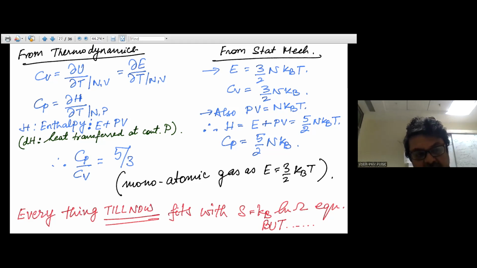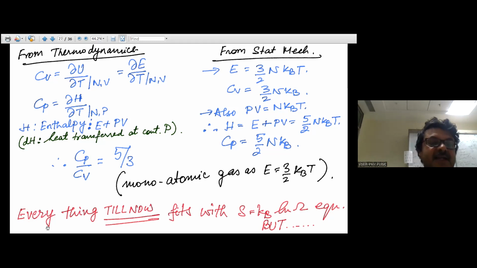And from there, we are rearranging terms. We are associating kB log omega with S as a function of these three quantities and getting out thermodynamic relationships. And we see that if we associate S with kB log omega, things are pretty consistent, at least up till now.